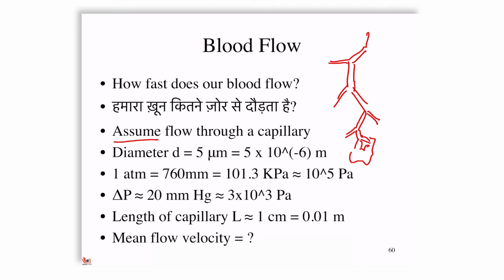These are also some kind of terminal blood vessels, and they have an approximate diameter of 5 micrometers. That is 5 into 10 to the power minus 6 meters.